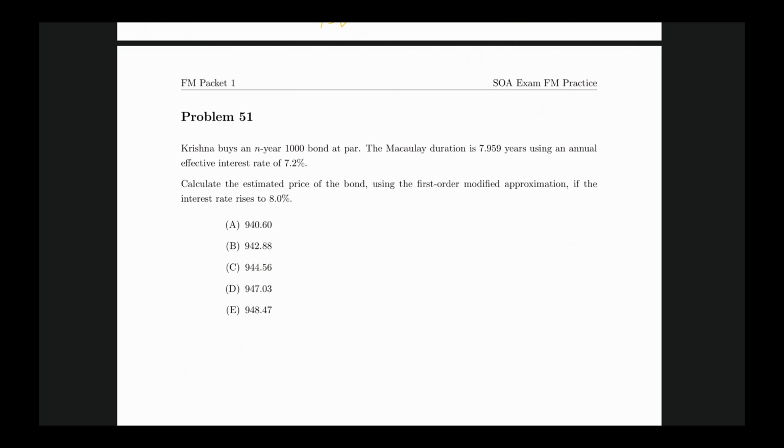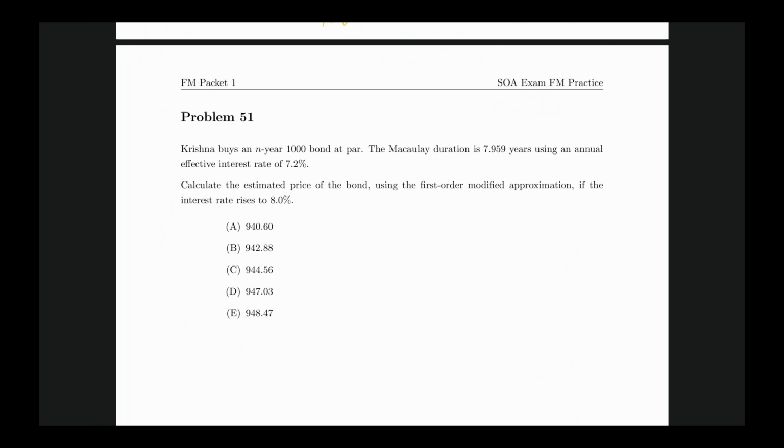Okay, so basically, let's talk about this question. It's about duration, which is one of the contents in the last chapter of financial mathematics. There are two things we need to know. The first one is the first order modified approximation, so we need to know the formula.